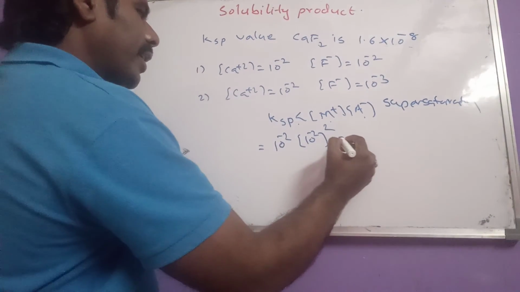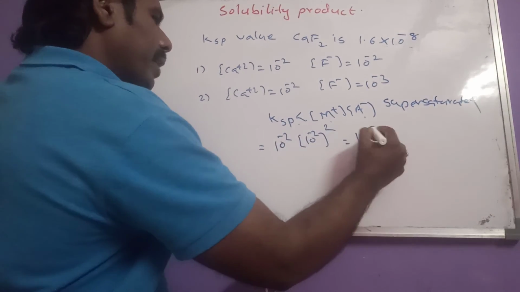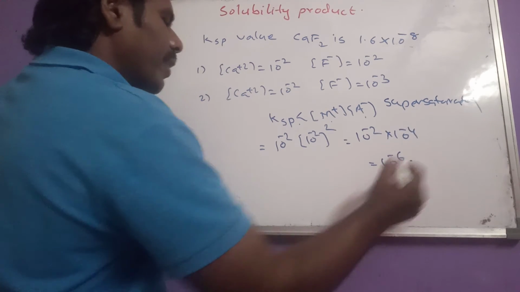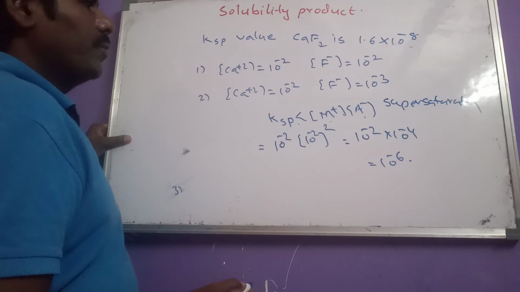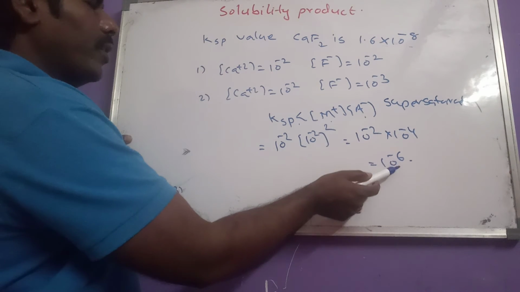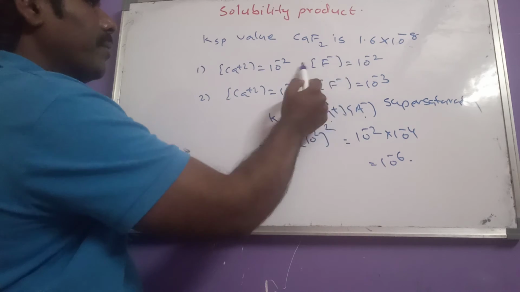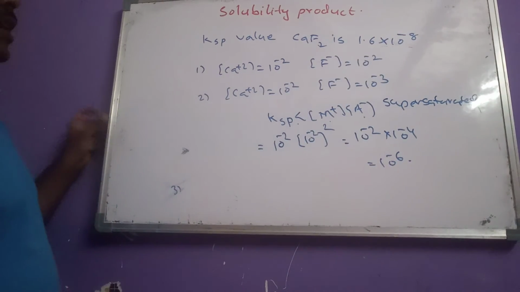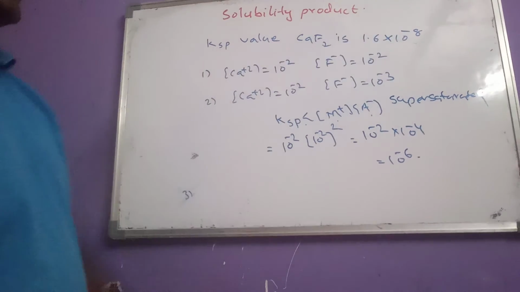Now what can we get here? 10 power minus 2 into 10 power minus 4, 10 power minus 6. Now if you consider here, this is which one? Product value is 10 power minus 6, and here KSP value, how much have they given? 10 power minus 8.